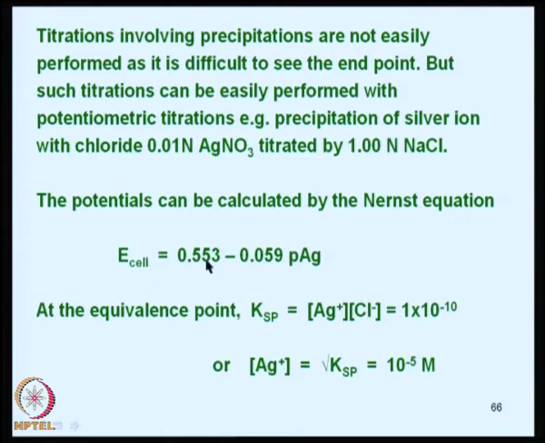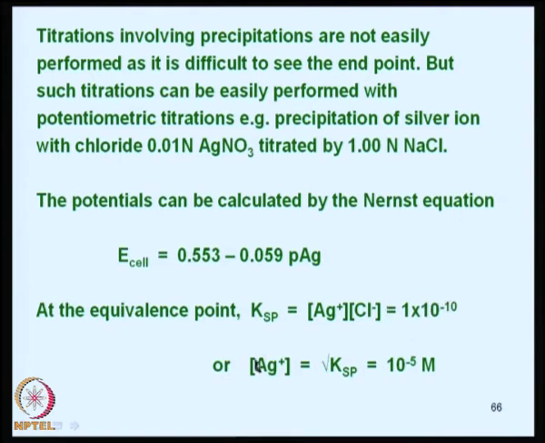E cell is equal to 0.553 minus 0.059 pAg. I am writing this because it is the negative log of the silver concentration. At the equivalence point, silver ion and chloride ion concentrations are equal, and the product of this works out to 1 into 10 raised to minus 10.